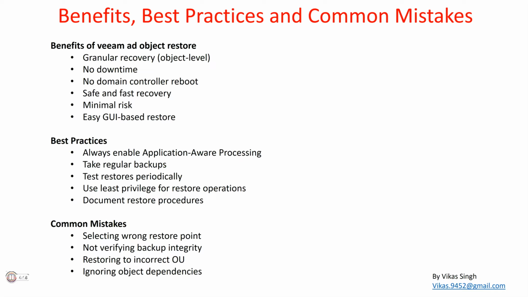Also avoid these common mistakes. Do not select the wrong backup or wrong restore point. Always verify backup integrity. Make sure you restore the object to the correct organizational unit, and never ignore the dependencies between the objects. So these are the things you need to make sure of.